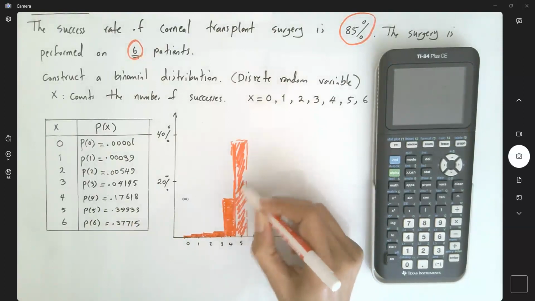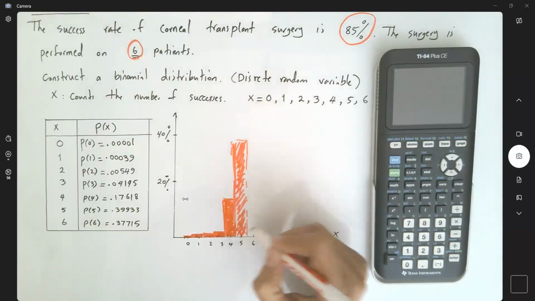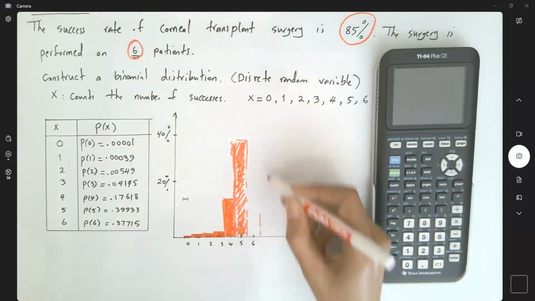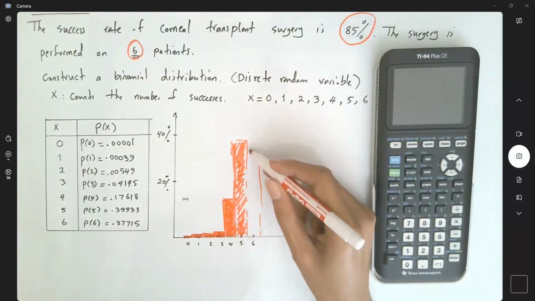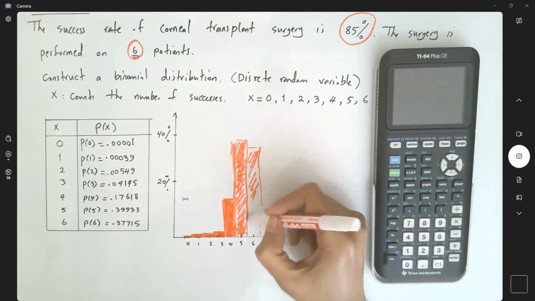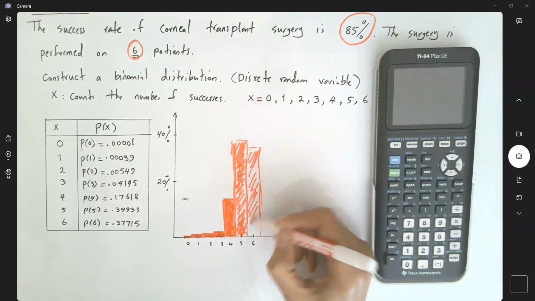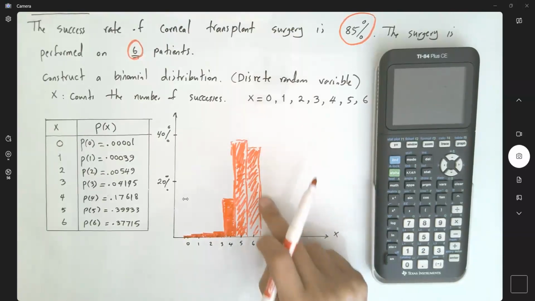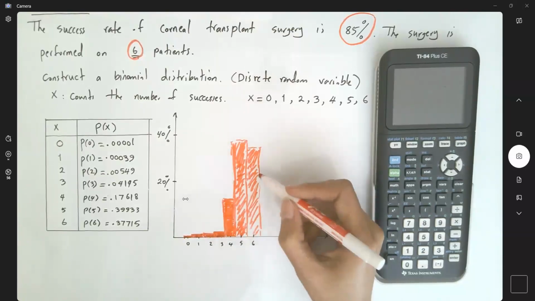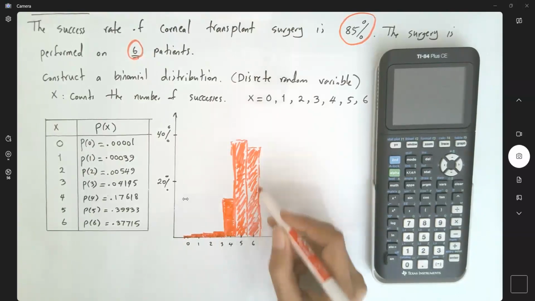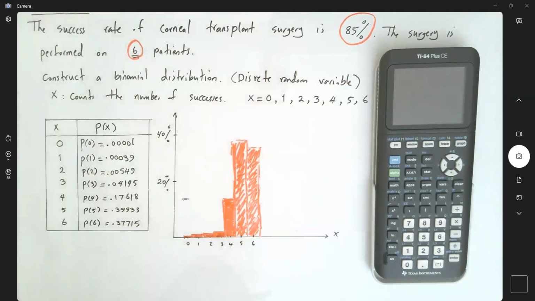And the probability that you have exactly 6 successful surgeries is going to be 37%, so it's going to be a little bit lower than this one here, just a little bit. You need to differentiate between these bars as well. But this is basically the probability distribution and the probability histogram.